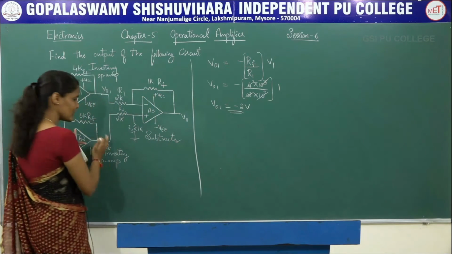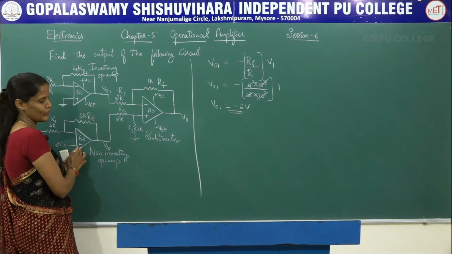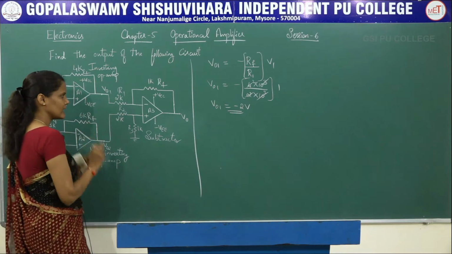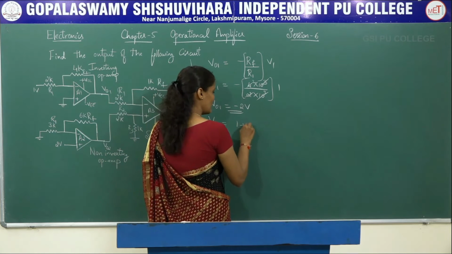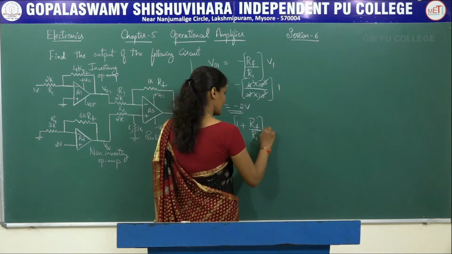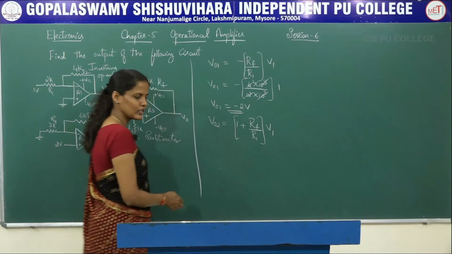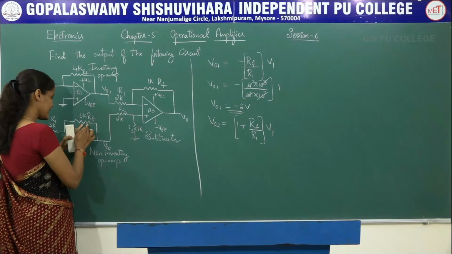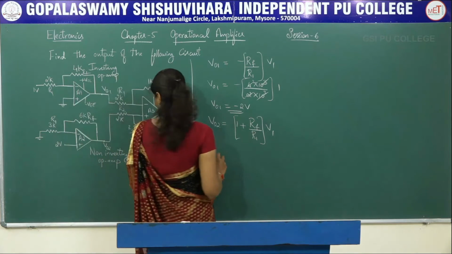Coming to the second amplifier circuit, the input is connected to the non-inverting input terminal of the op-amp. So this is a non-inverting op-amp. The formula is V02 equals 1 plus RF by R1 of V1. RF is 6 kilo, R1 is 3 kilo and the input voltage is 2.